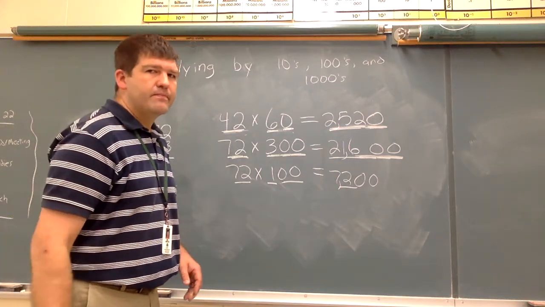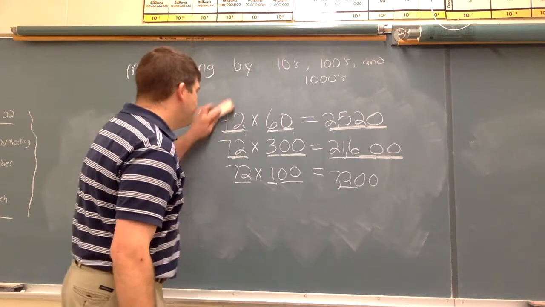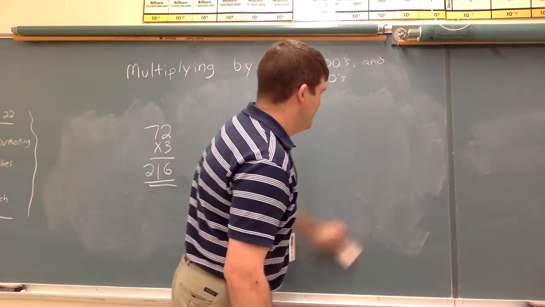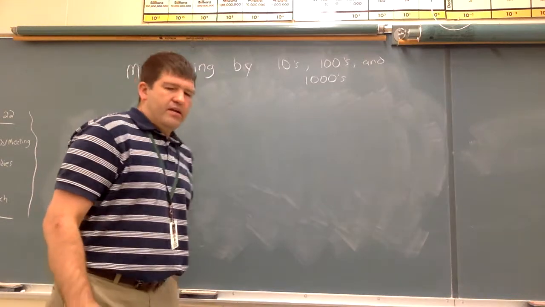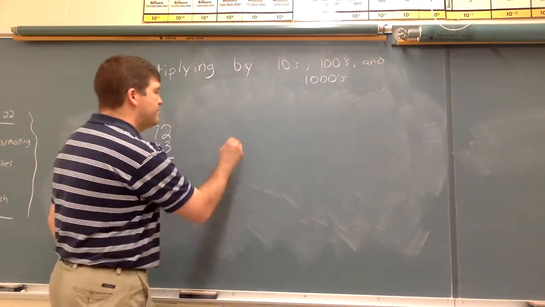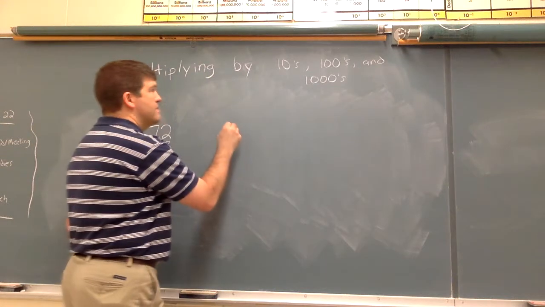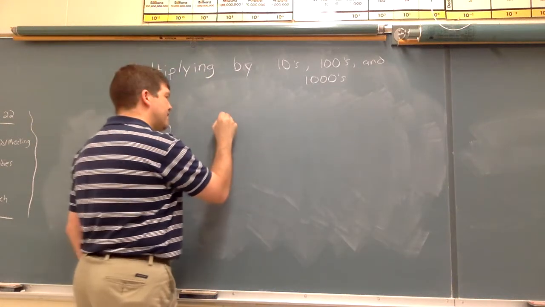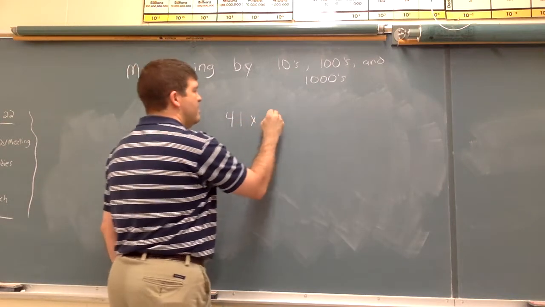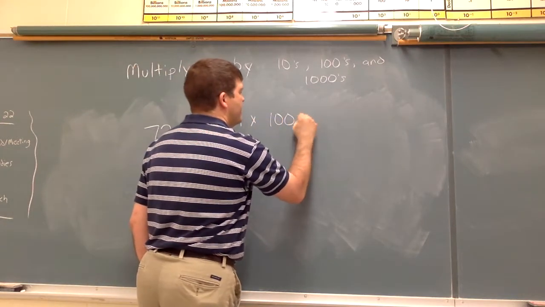Okay? Let's do another one here. And I'll give you a little different method, kind of like what I just did down here, to show you how it works. Let's do it by hundreds again. So let's do 41 times 100 equals.